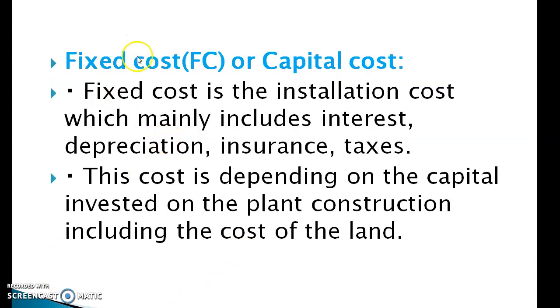First, let us discuss fixed cost or capital cost. Fixed cost is the initial installation cost, which mainly includes interest, depreciation, insurance, taxes. This cost depends on the capital invested on the plant. Construction includes the cost of the land.